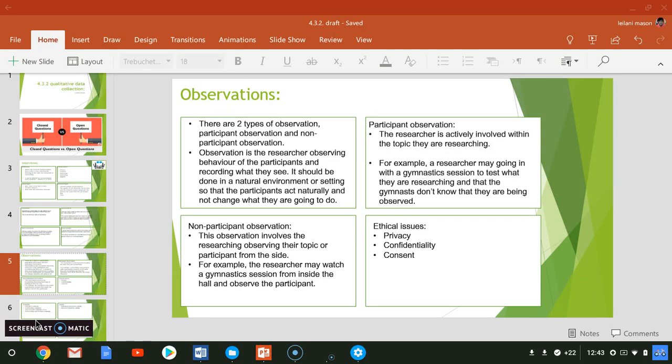So within observation there's ethical issues such as privacy, so they need the consent from the participants, and if they're under 18, from their parents, to take part in this observation. And unless the situation would naturally provoke observation, they still have the right to information about confidentiality.